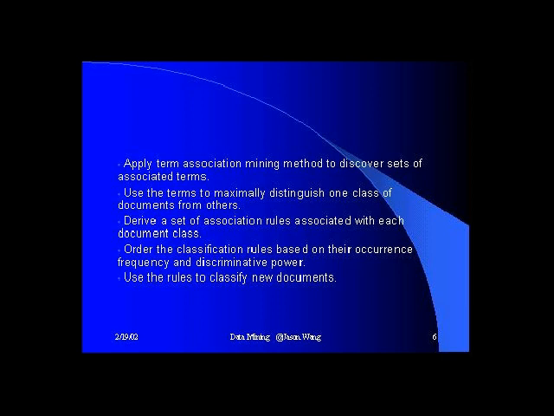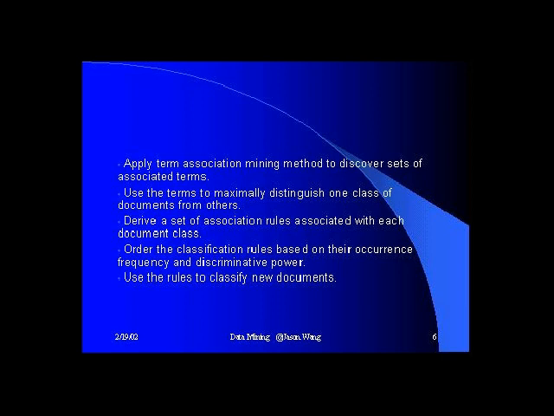So far you have learned several techniques for classifying documents. You can represent documents by vectors, and then use the nearest neighbor classifier to classify documents. You can also represent each class of documents by representative keywords. Now, how to discover these keywords? You apply the keyword association mining algorithm to discover important association rules between keywords in this class of documents.